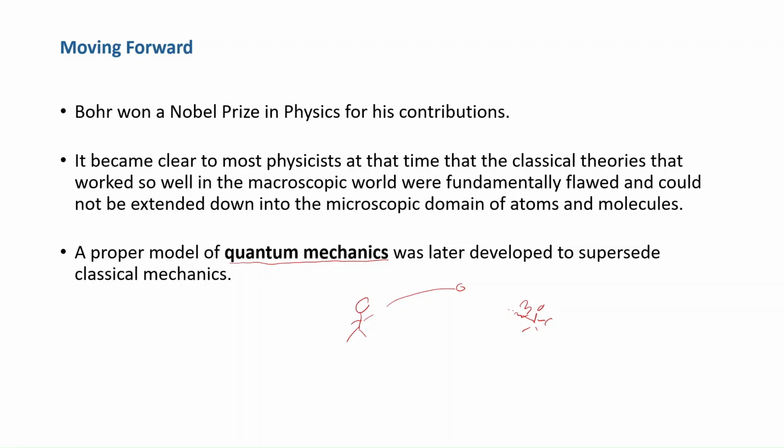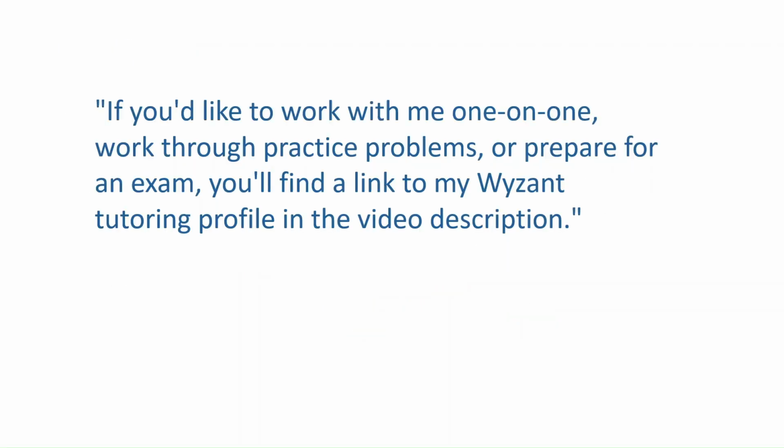Have you ever admired a football receiver? When they run that route, they know exactly where the football is going to be. That's classical mechanics. But you cannot do that with an electron. With an electron, we're going to see that later, you cannot predict where the electron is going to be. You can get an idea where it's likely to be, but not sure. That's the difference between quantum mechanics and classical mechanics. Okay?